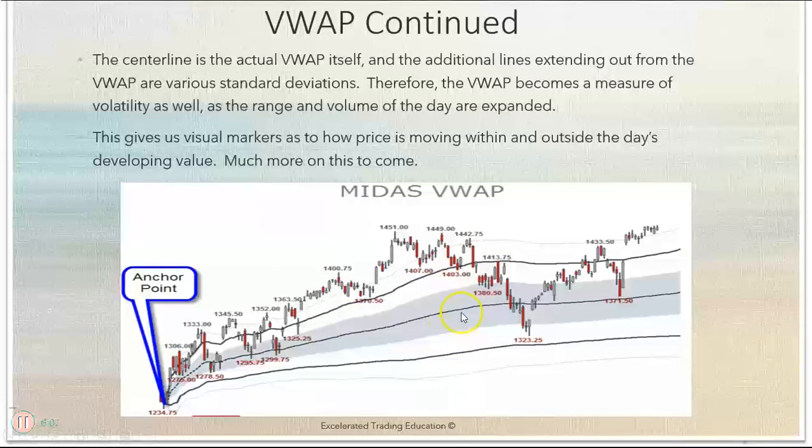This gives us visual markers as to how price is moving within and outside the day's developing value. Much more on this to come. Again, just like market profile and volume profile, we're going to do a much bigger dive into VWAP as well. But right now, it is introducing the tool, what it does, why it's important, and letting you know why we use it.